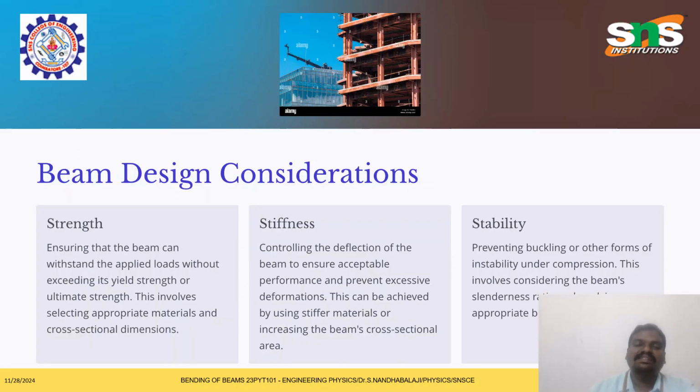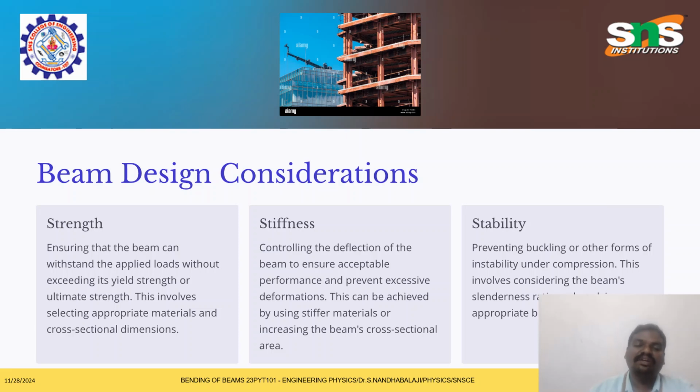Beam design considerations: strength, ensuring that the beam can withstand the applied load without exceeding its yield strength or ultimate strength. This involves selecting appropriate materials and cross-sectional dimensions. Stiffness: controlling the deflection of the beam to ensure acceptable performance and prevent excessive deformations.